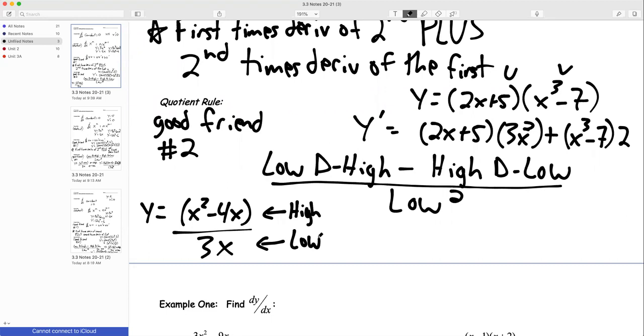Okay, so let me work through this. Low, 3x. D hi, what is that? Derivative of the high.